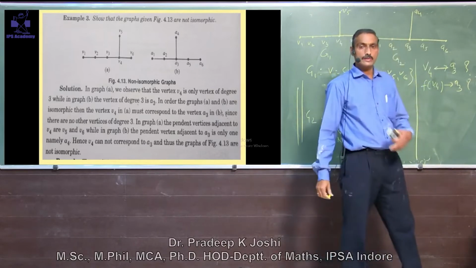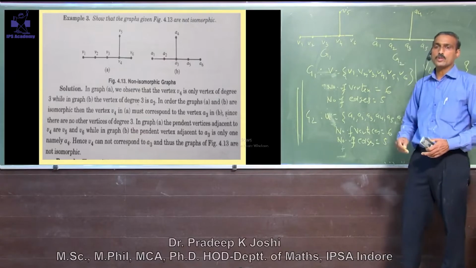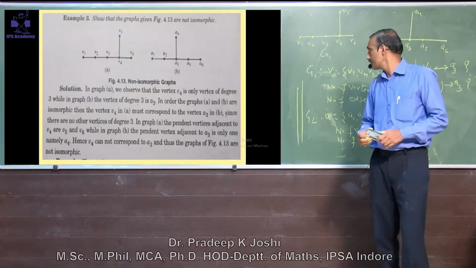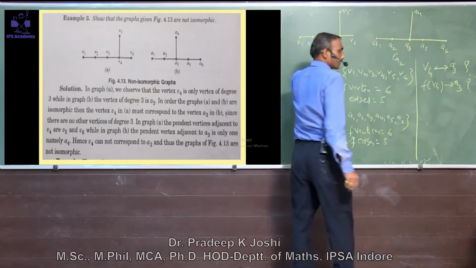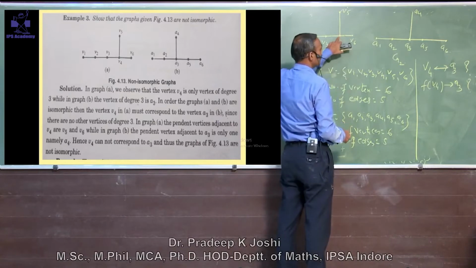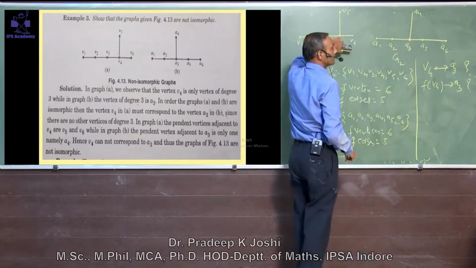If one of the vertices does not have a corresponding vertex in G2, then we say it is not an isomorphic graph. Now see the structure here. V4 has degree 3 and A3 also has degree 3.